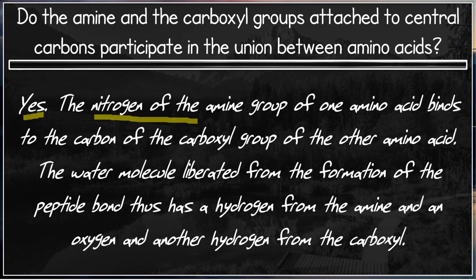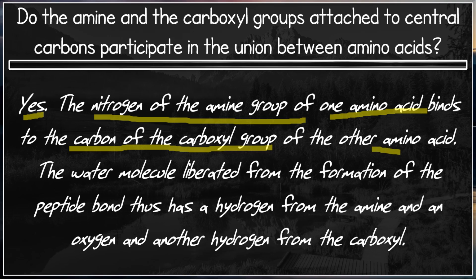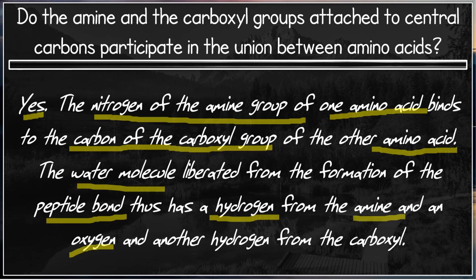The nitrogen of the amine group of one amino acid binds to the carbon of the carboxyl group of another amino acid. The water molecule liberated from the formation of the peptide bond thus has a hydrogen from the amine and an oxygen and another hydrogen from the carboxyl.